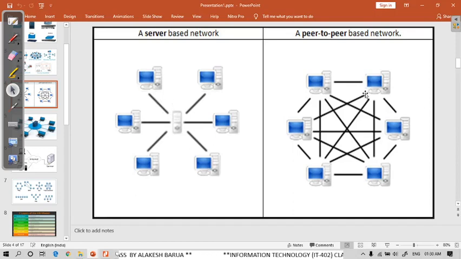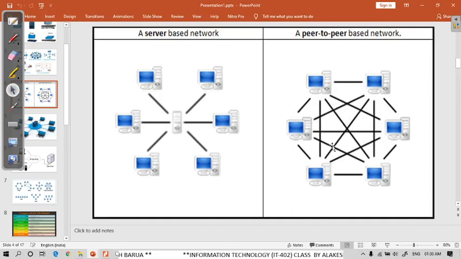Here, multiple switches are required: one switch to connect these three computers, another switch to connect those three computers, and then connections between all these switches. So more networking hardware peripherals are required here, and less networking hardware is required there.